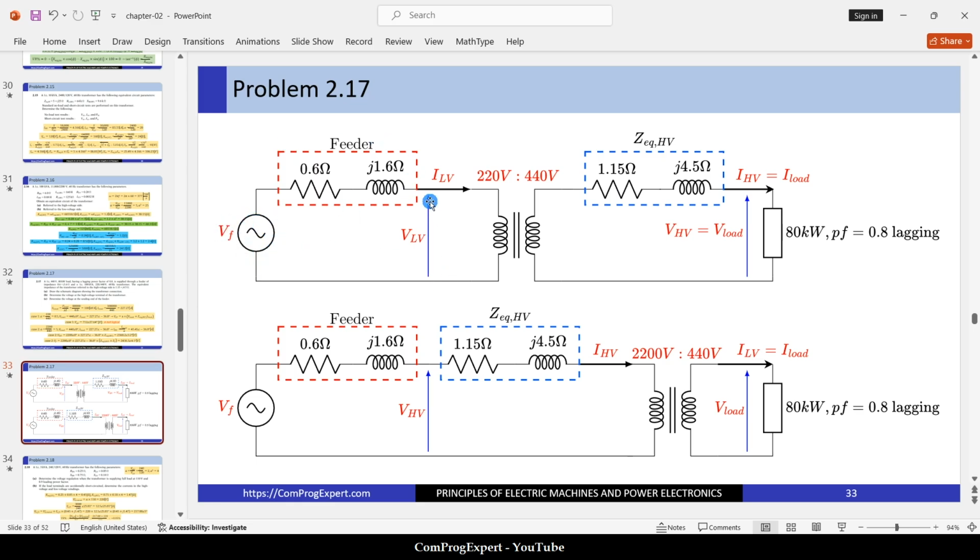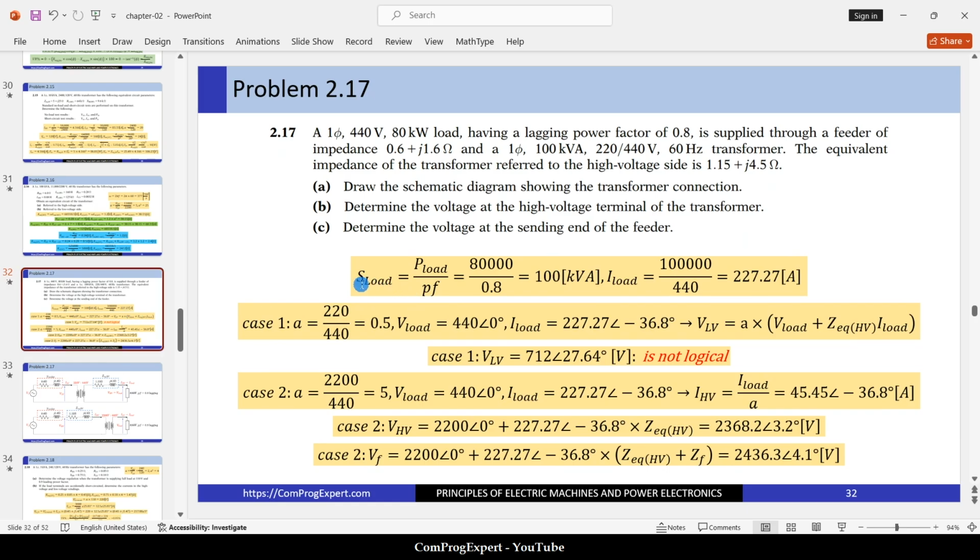This is the voltage of the transformer for the low voltage side. So in this case, let's do calculations. What is the value of the load apparent power? It is equal to the load active power divided by the power factor.